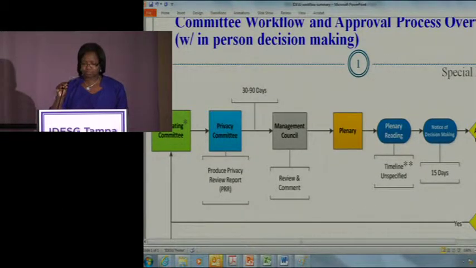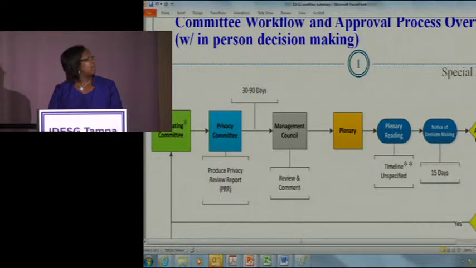Okay. So let's walk through this to make sure everybody understands the processes that have taken place. In this situation for the functional model, the originating committee is the security committee. Once the work product has been completed and approved by that committee, it has to go to the privacy committee.